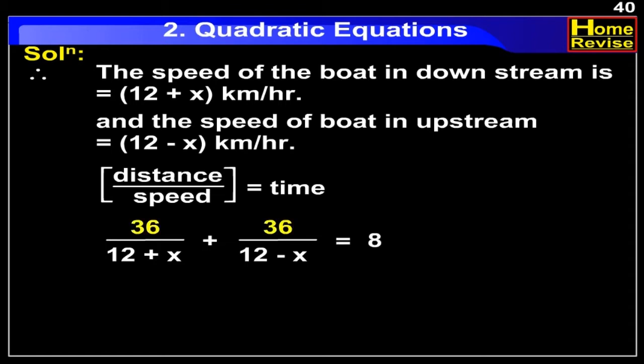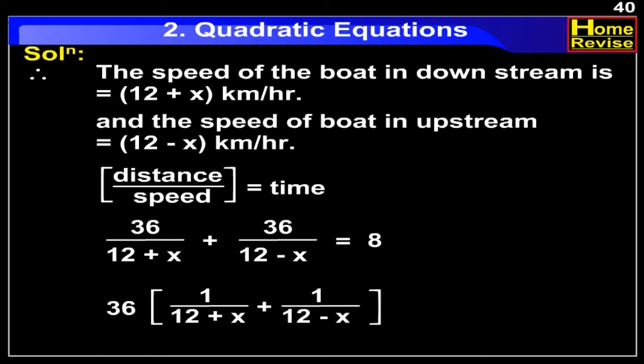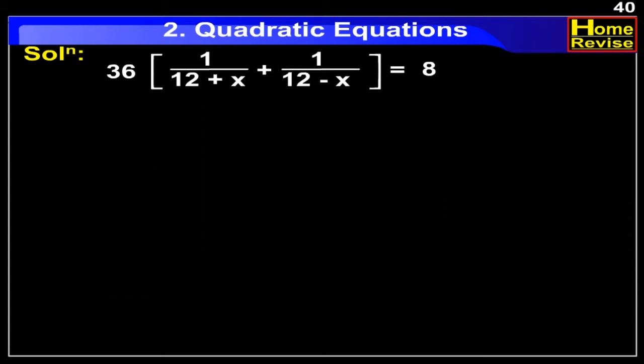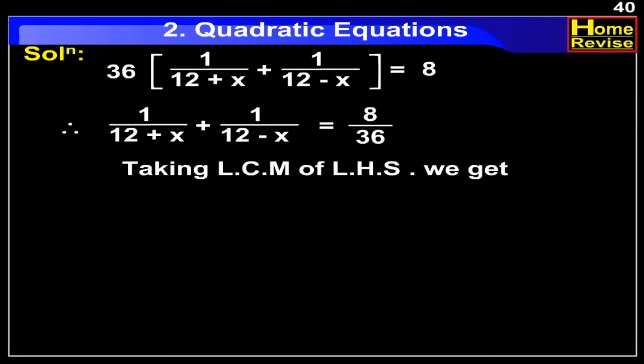Taking out 36 common, we have 36 into, in square bracket, 1 upon 12 plus x plus 1 upon 12 minus x is equal to 8. Therefore, 1 upon 12 plus x plus 1 upon 12 minus x is equal to 8 upon 36.